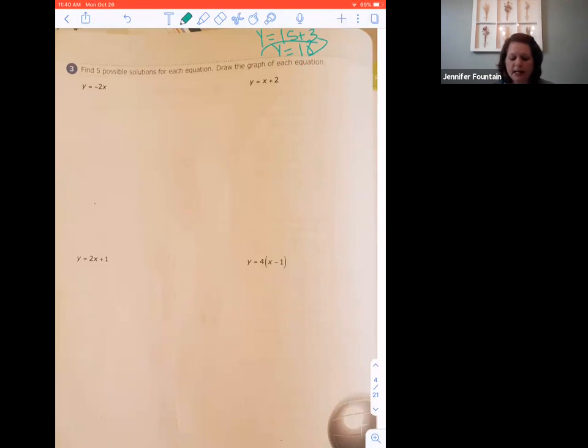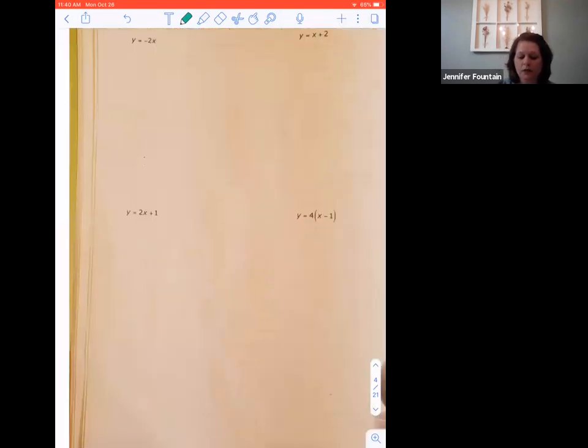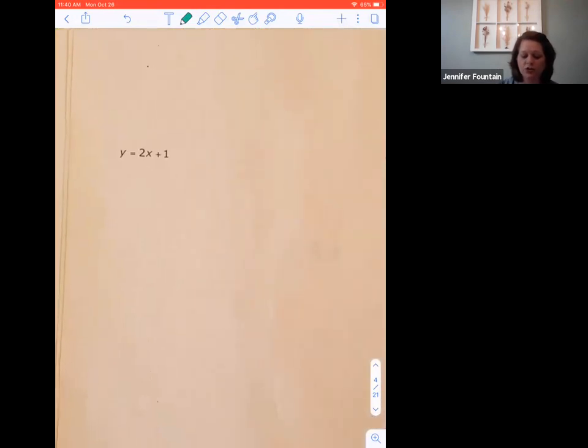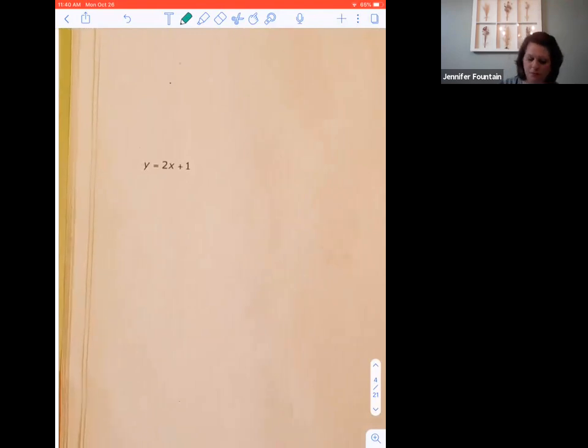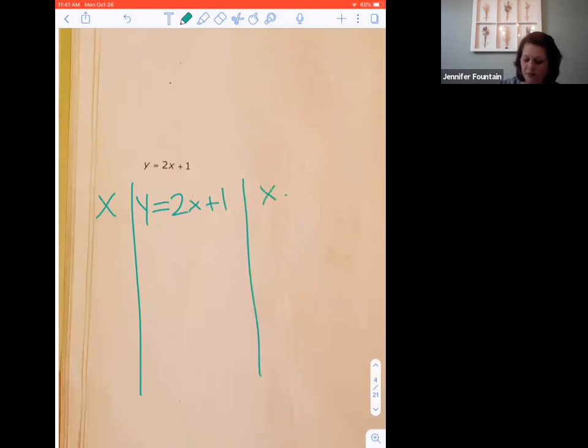So let's see, let's do the bottom left problem. Okay, we're going to do the y equals 2x plus 1. So I'm going to set up my chart. So I have x, my middle will be y equals 2x plus 1. And then I'm going to have my x, y coordinates.